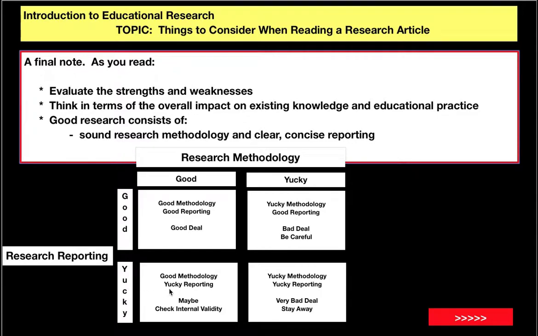Well, this is a maybe, because if the research methodology is sound and the reporting is a little bit shaky, it still may be of use for you. And this box represents yucky research methodology and yucky reporting. And so you just want to put that in the trash. You don't even want to look at that. So keep this in mind when you're looking to find articles that you're going to use for your research.